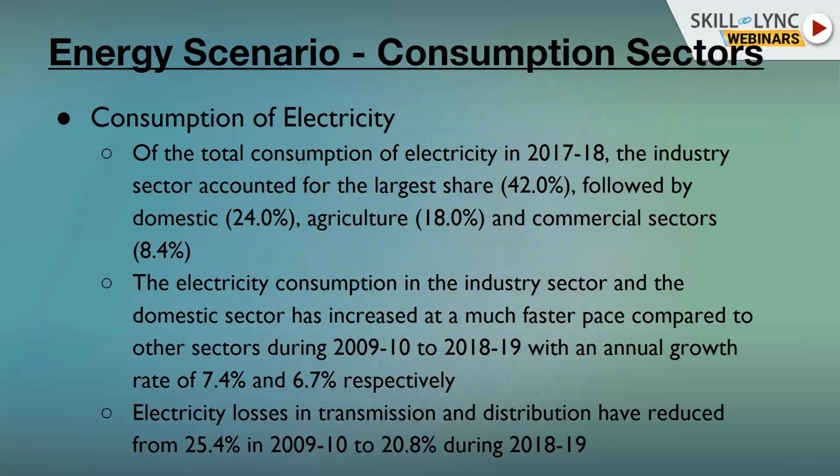Yeah, let us come to the next one, the consumption of electricity. You can see here that in the year 2017-18, the industrial sector has the major share of electricity, that is 42.80%, followed by domestic 24%, agriculture 18%, and the commercial sector 8%.